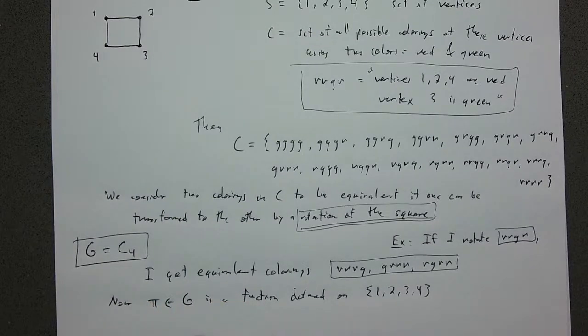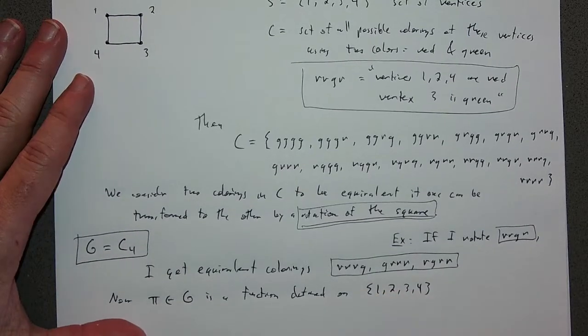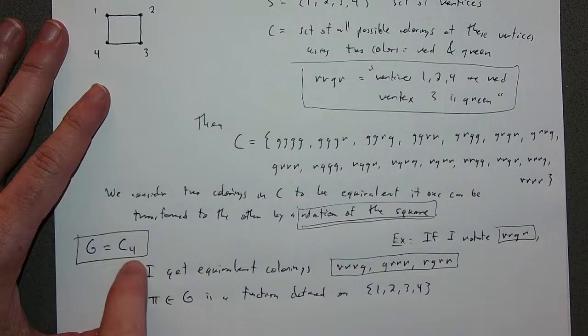But the reason why I'm mentioning this is that talking about colorings, which is really the set that I'm interested in terms of what I'm trying to enumerate, how do I translate what's going on here via the group to the colorings?